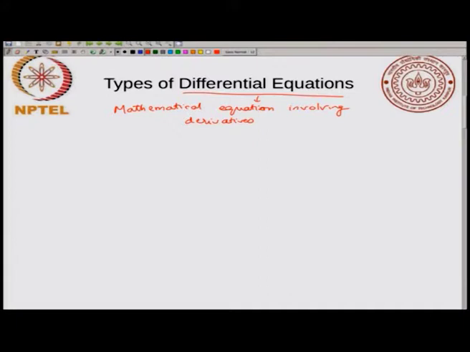So, broadly you can think of what are called ordinary differential equations, also called ODEs, okay. And there are partial differential equations.